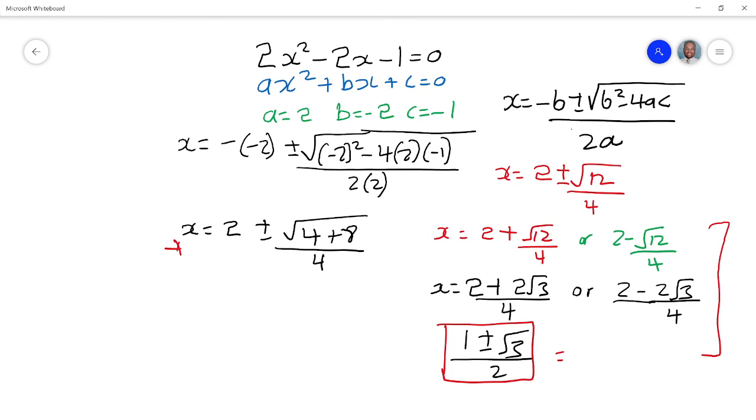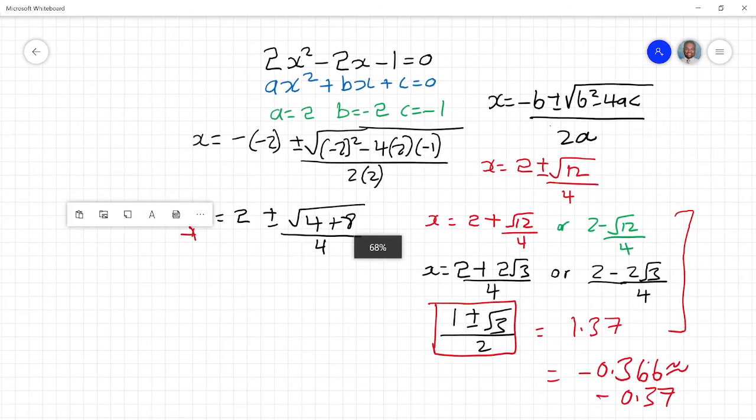So 1 plus root 3 divided by 2, you're going to get 1.367, or 1 minus root 3 divided by 2, which is negative 0.366, or negative 0.37. All right, so you can get two values of that if this was going here.